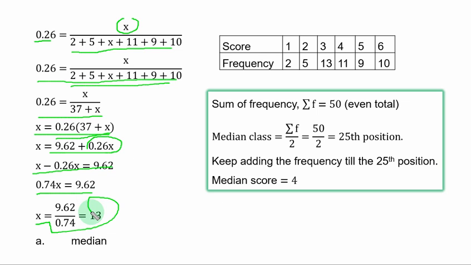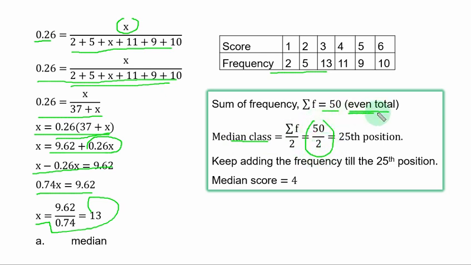So side 3 appeared 13 times. So median. For median, let us have the complete table. When the data involve frequency, to get the median class, first you need to get the sum of frequency. If you add all together, you have 50. 50 is an even total. To get the median class, you divide the sum of frequency by 2.